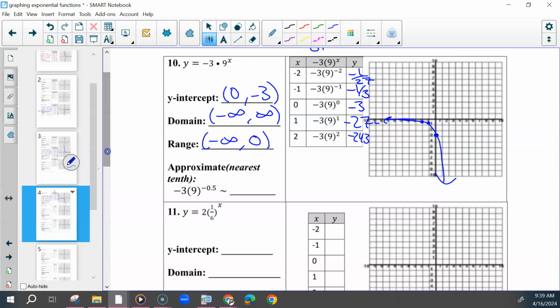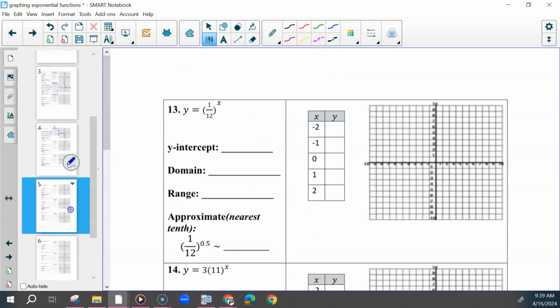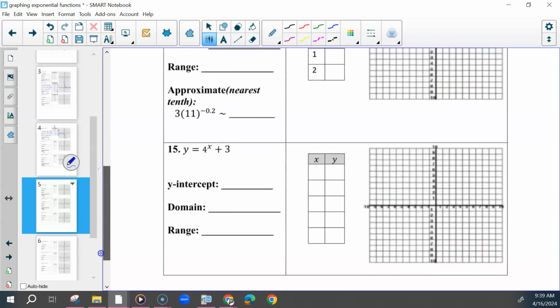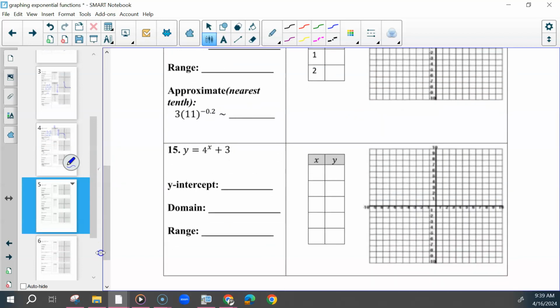Negative. Right. Go on to, we're going to skip to 15, and then we'll do one more, and then we'll be done for today.